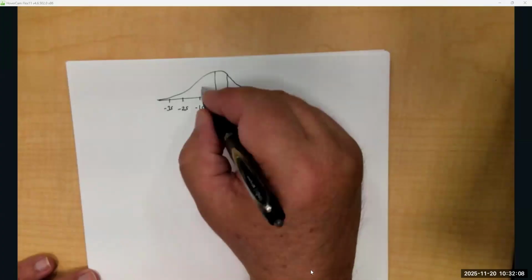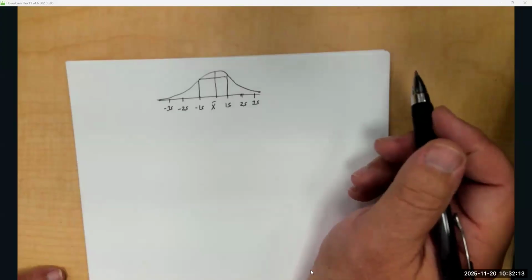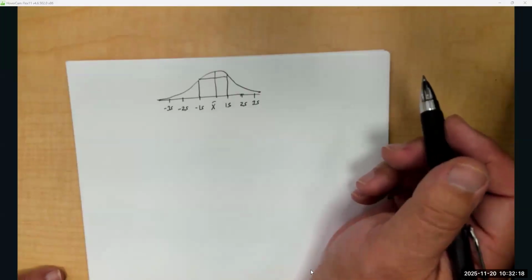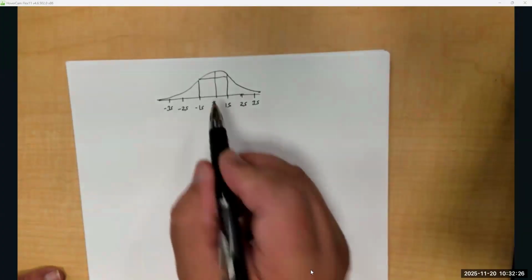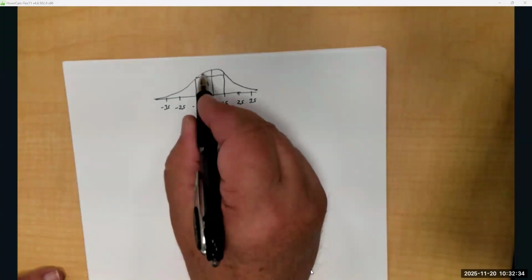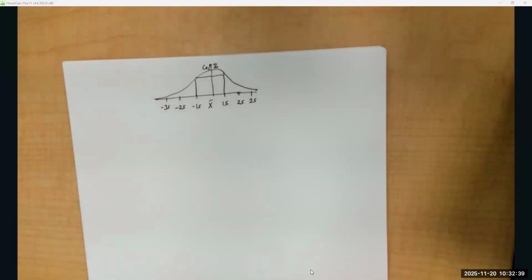What did we say was the percent of people that fall within 1 standard deviation from the mean? You should have on your sheets in front of you the graphs that we drew. How many percent of people are within 1 standard deviation from the mean? 68%. Then it goes 95, 99.7, right? But let's see if you wrote those down.